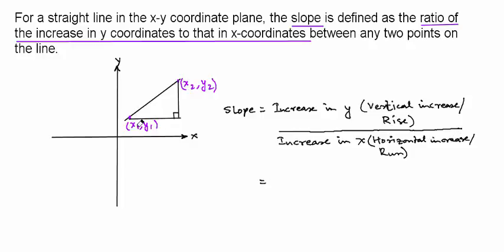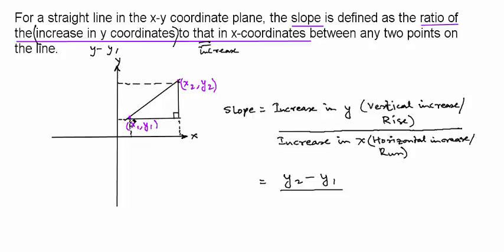is equal to, for these 2 points, the increase in the y value between these 2 points is y2, the y value of this point, y2, minus the y value of this point, which is y1, over the ratio of the increase in the x coordinates. Now if you look at this point and this point, the x coordinates, just like the y coordinates, let me just go ahead and draw a dotted line so that you could understand the increase.